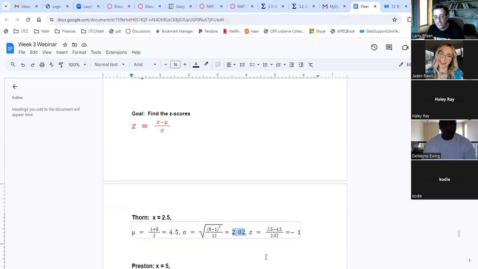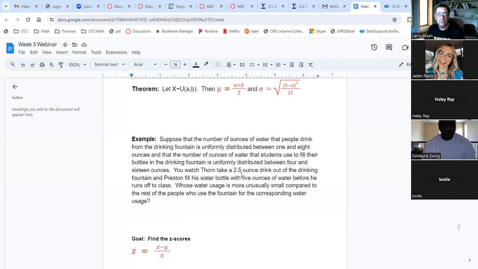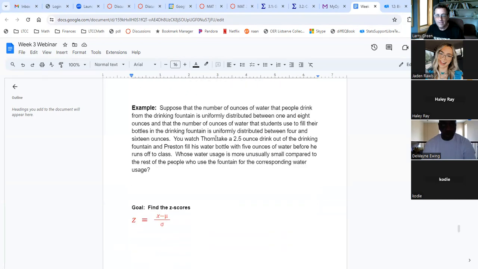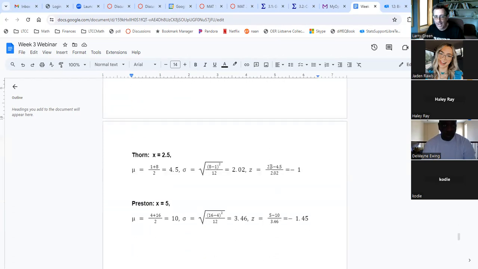Okay, the z-score is x minus mu over sigma. Thorne's x value is 2.5 because it says Thorne took a 2.5 ounce drink. So we have 2.5 minus the mean, which was 4.5, divided by the standard deviation, which was 2.02.